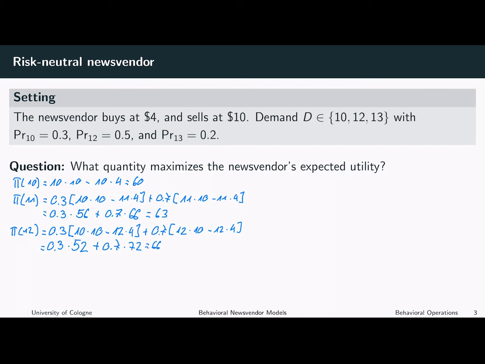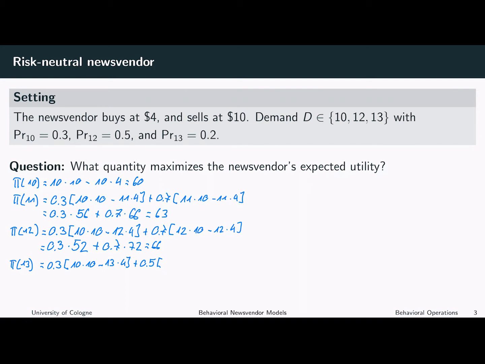Now, the last calculation we have to make is to calculate the expected profit when ordering 13 units. When ordering 13 units, 3 different cases can occur. First, with a probability of 0.3, the demand will be 10. In this case, I sell 10 units at a price of 10, but I have to pay for 13 units a price of 4. With a probability of 0.5, the demand is 12.